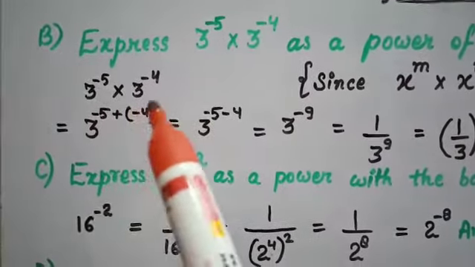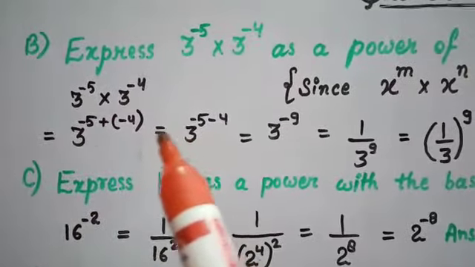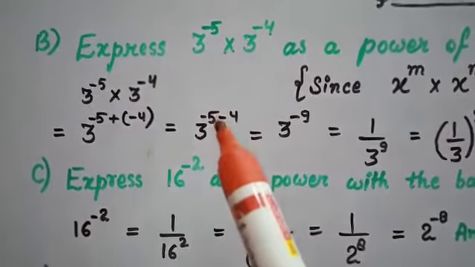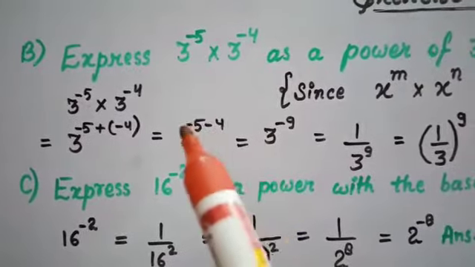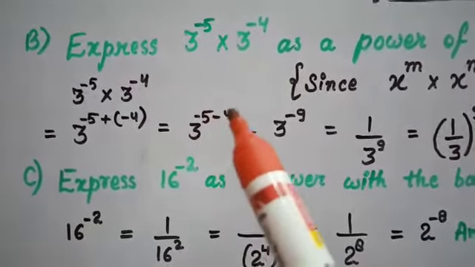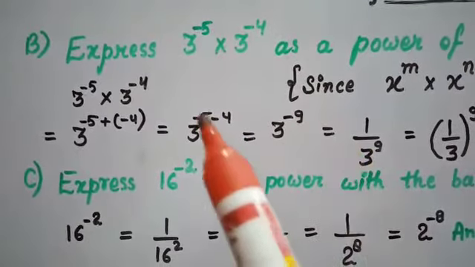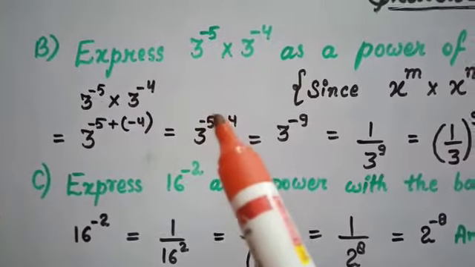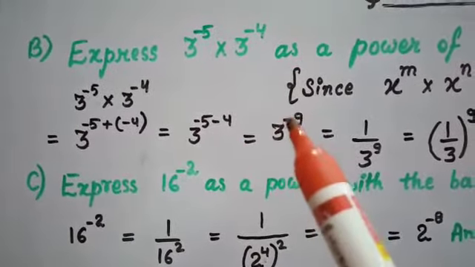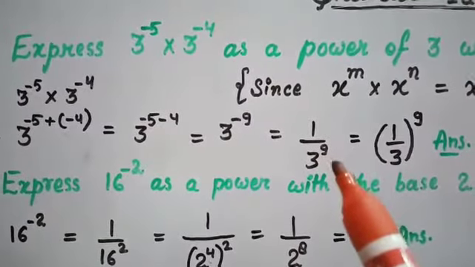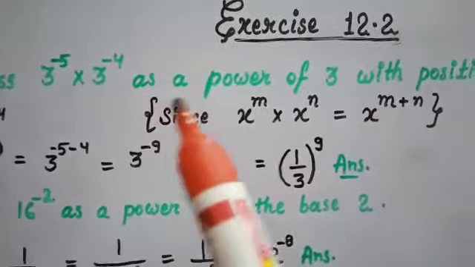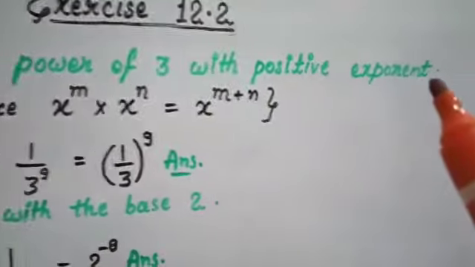Powers will be added, equal to 3 to the power of minus 5 as it is, plus minus minus 4. Minus minus plus, 5 plus 4, 9, and greater number having minus sign, so there will be minus 9. 3 to the power of minus 9 equal to 1 upon 3 to the power of 9, because we have to find our answer as a power of 3 with positive exponent.